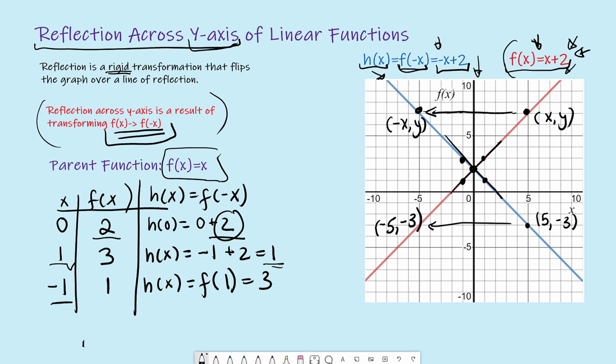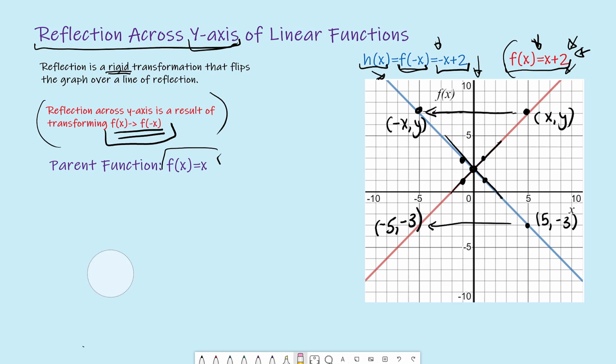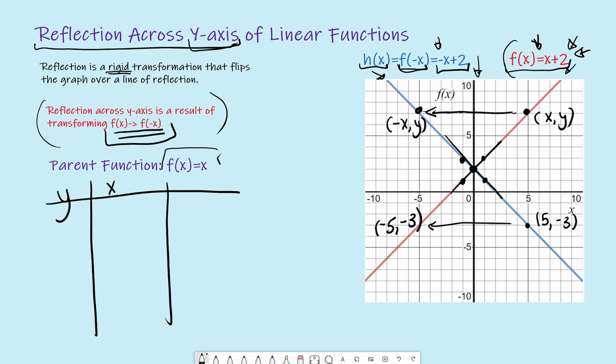Another way to see this is actually to look at our y's. So let's erase this and let's look at this from the other direction, where we have our y and x from f or x from h, right?